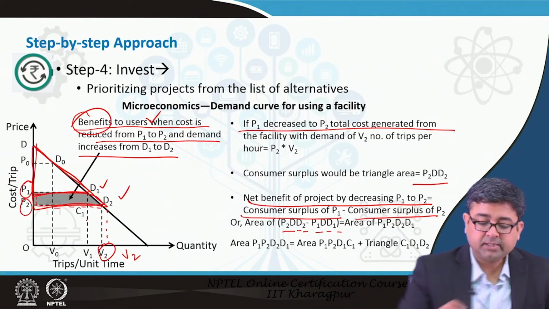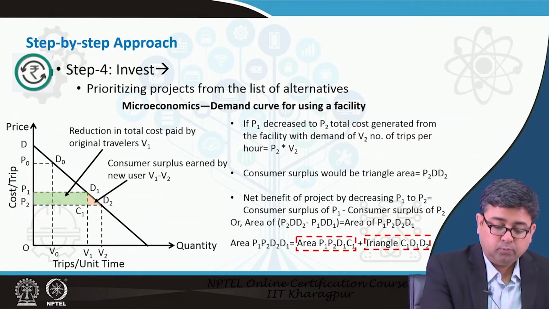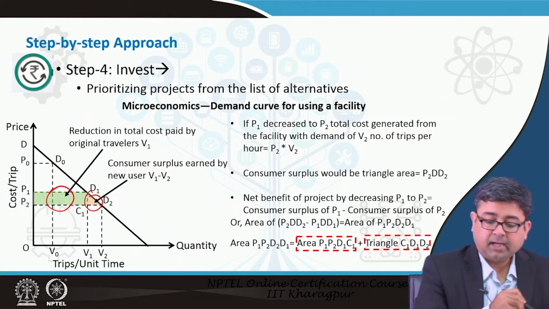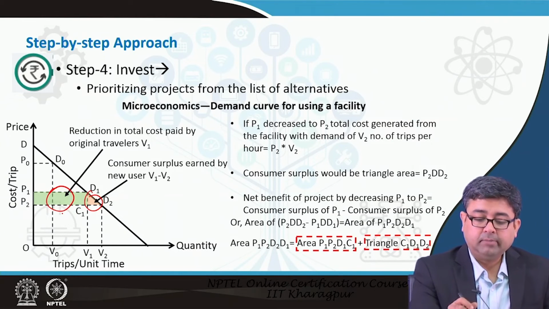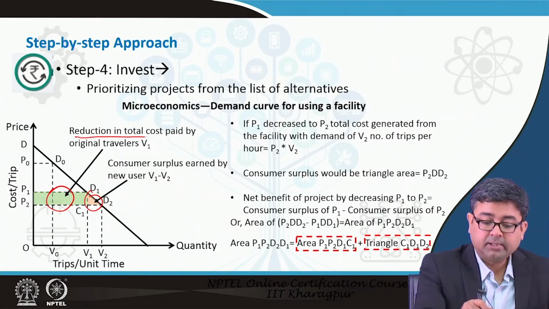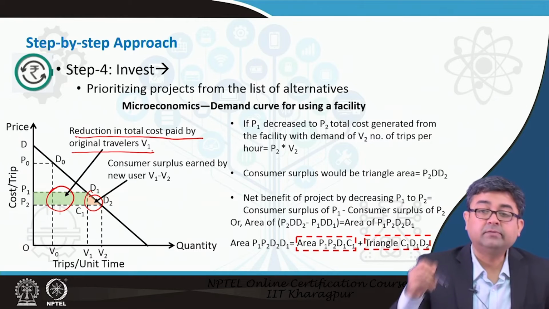Now, this trapezoid again has a rectangle in it and also a triangle in it. So, what does the rectangular area determine? It determines the reduction in total cost paid by the original travelers V1.